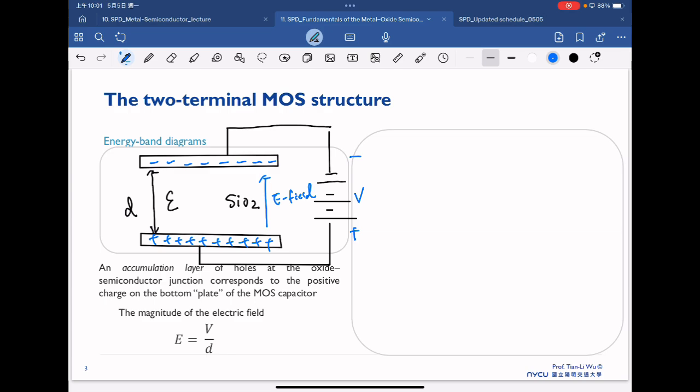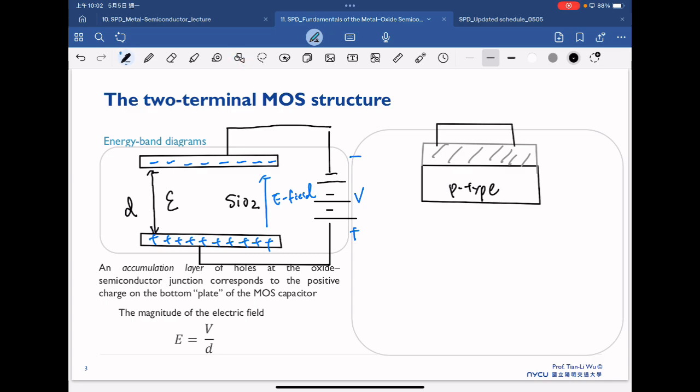And in this case, imagine this is a situation where we have a P-type semiconductor, and on top of the P-type we have a dielectric, and also on top of that we have the metal electrode.